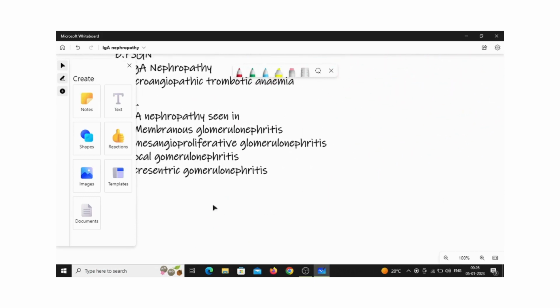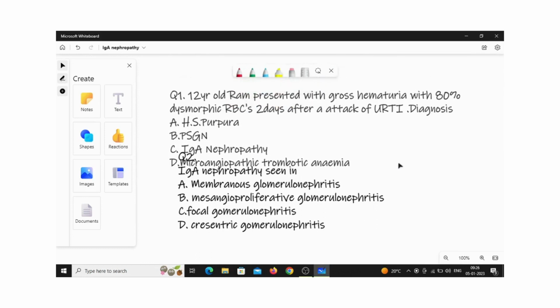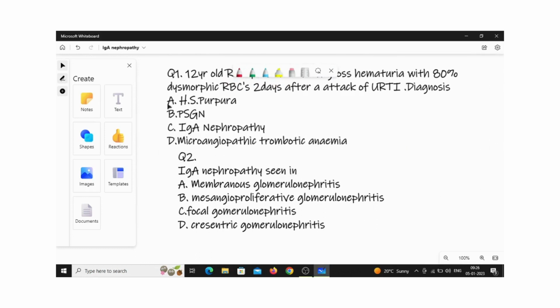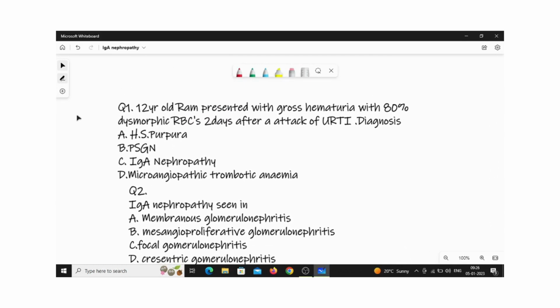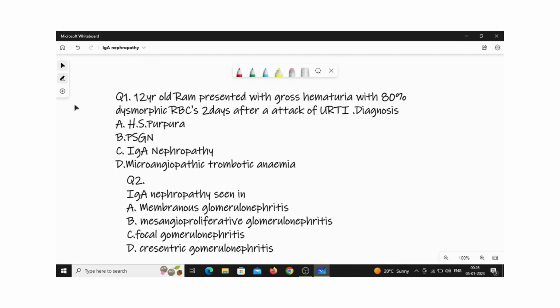Then we go to the questions. Question number 1: A 12-year-old child presents with gross hematuria with 80% dysmorphic RBCs 2 days after an attack of upper respiratory tract infection. What is the diagnosis? In an examination, you read carefully. Clinically, hematuria 2 days after acute upper respiratory tract infection.